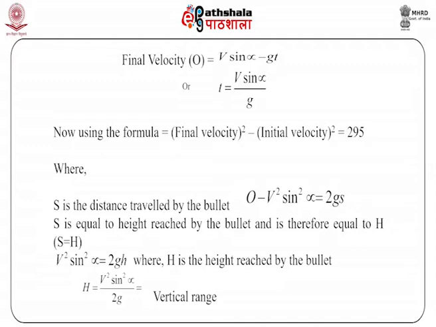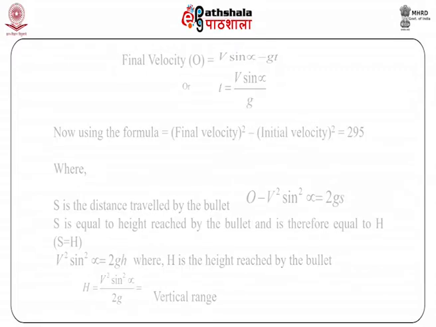S is equal to the height reached by the bullet and is therefore equal to h. V square sine square alpha is equal to 2gh, where h is the height reached by the bullet, or h is equal to v square sine square alpha by 2g, which is equal to vertical range.